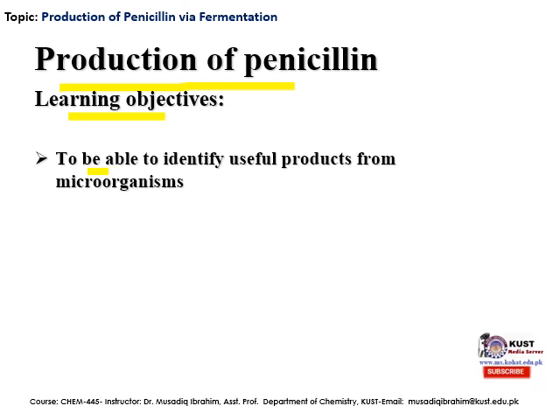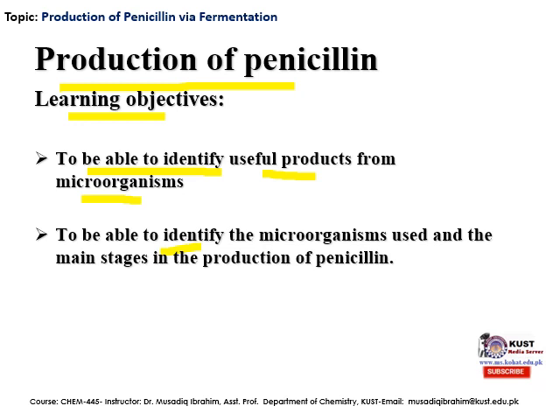So first of all, you will be able to identify the useful products from microorganisms. In the coming slides, you will come to know how microorganisms produce primary metabolites and secondary metabolites, and the secondary metabolites are beneficial, and those secondary metabolites can be utilized as antibiotics.